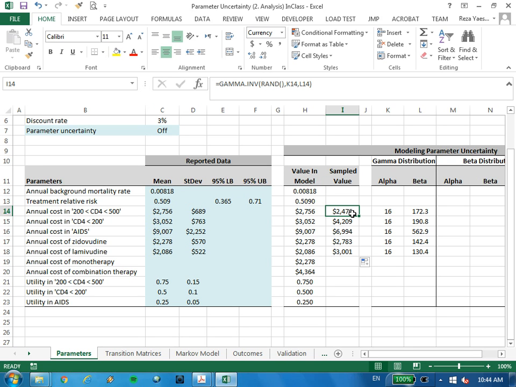Okay, so if you're sure about the cost and these variables, then we don't need to do uncertainty analysis. In reality, however, these costs may vary. The cost of being in a state might vary among patients. And that's why we generate these samples so that every time we run the model it uses a new sample, a different estimate for the cost. Okay?